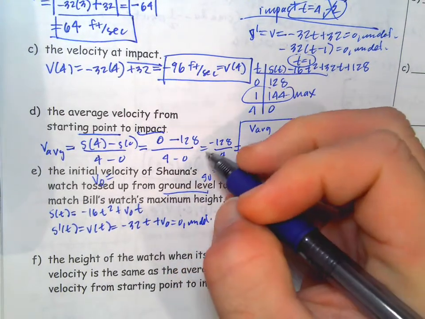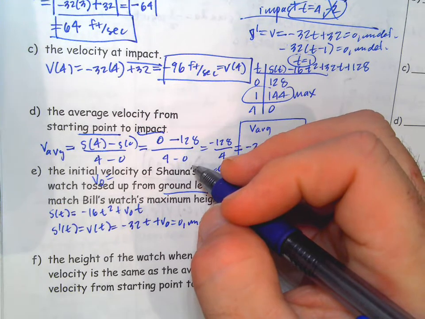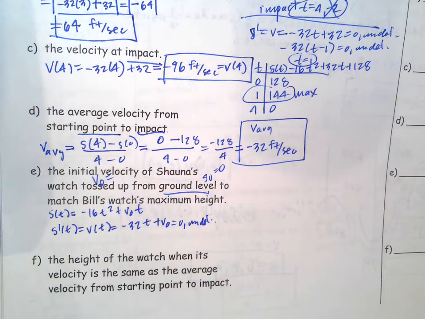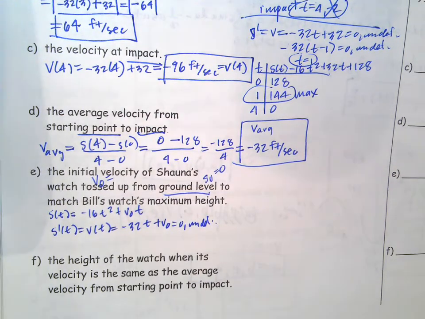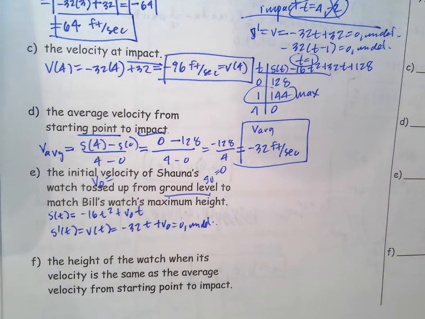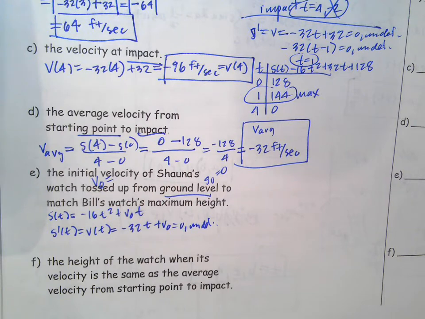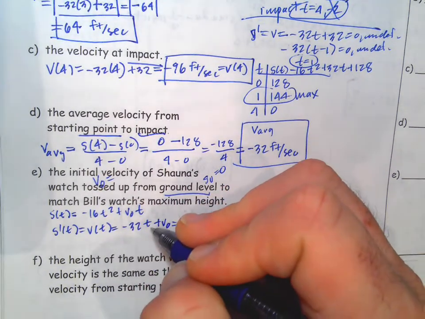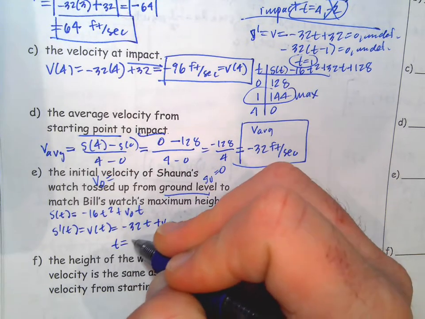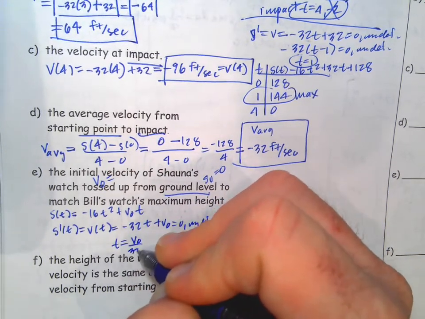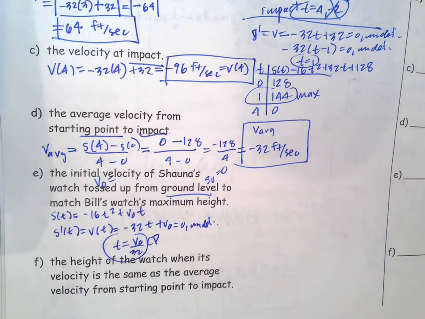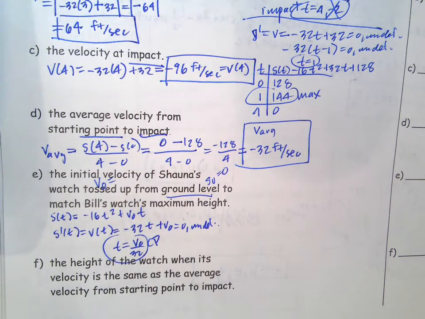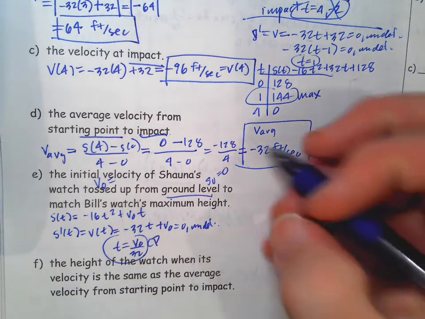So that's going to be, let's see, that's going to be t equals v naught over 32. So this is the critical point, which I think we can assume is where the max is going to happen.